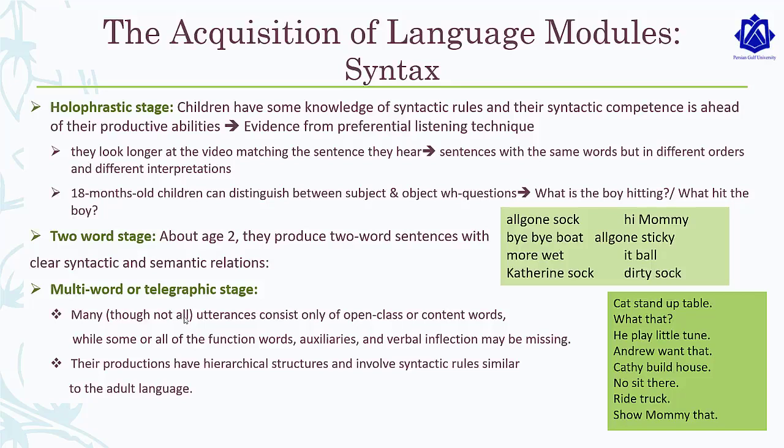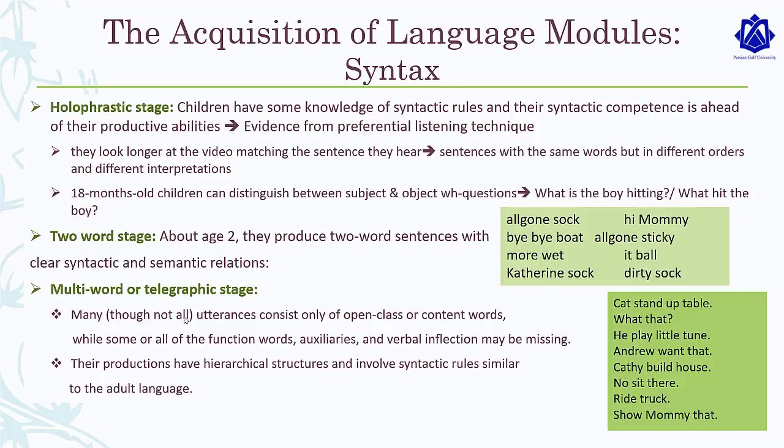After the holophrastic stage, where they produce one word and mean one sentence, comes the two-word stage. In the two-word stage, they produce sentences with two words, and they have clear syntactic and semantic relations.